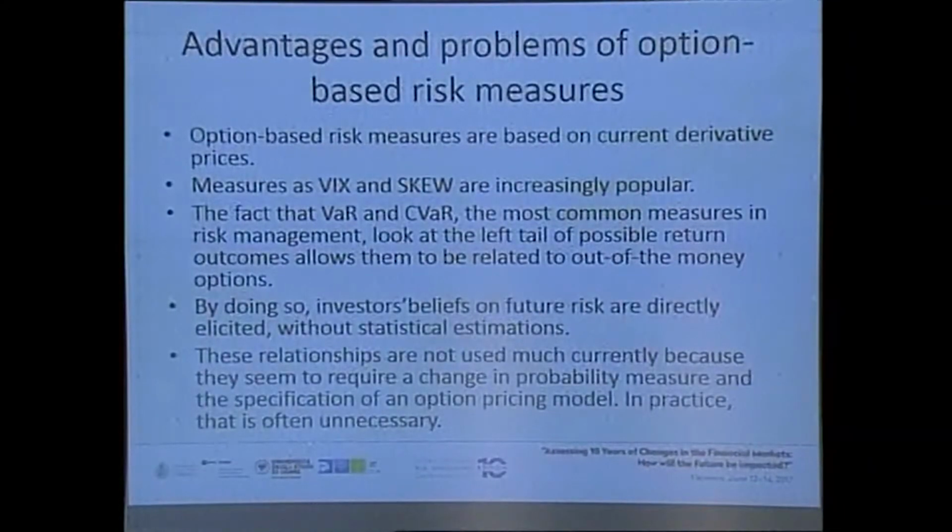So basically, VIX and skew are very popular, while for value at risk and conditional value at risk, typically people use only the statistical approach. We're going to show that that is not necessary, and of course, what we need are several things.